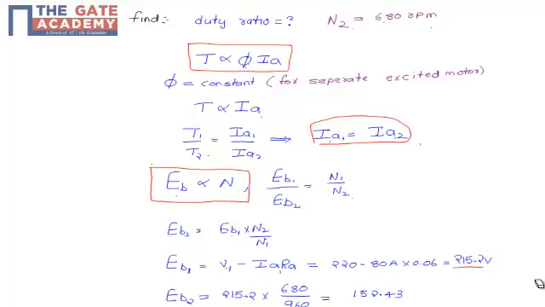We can substitute the value of back EMF 1 in this. We get EB2 as 215.2 into 680 by 960, which gives 152.43.